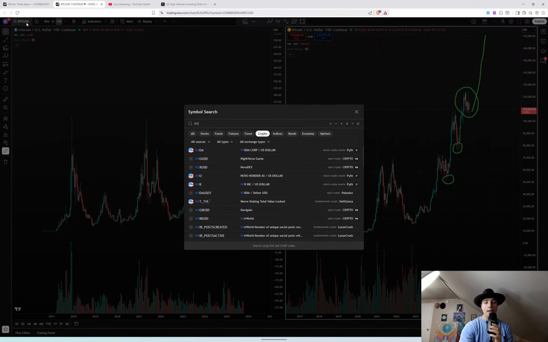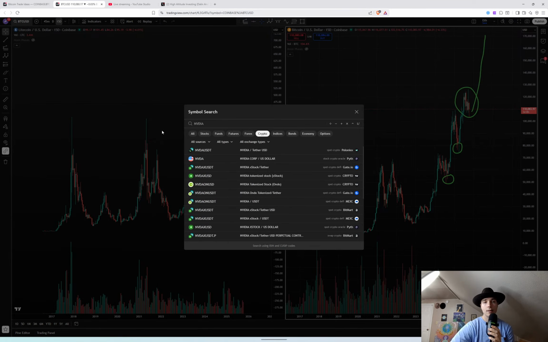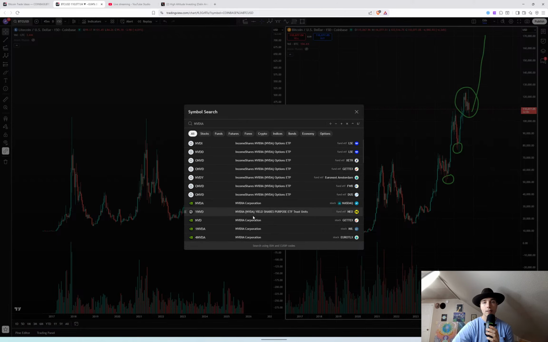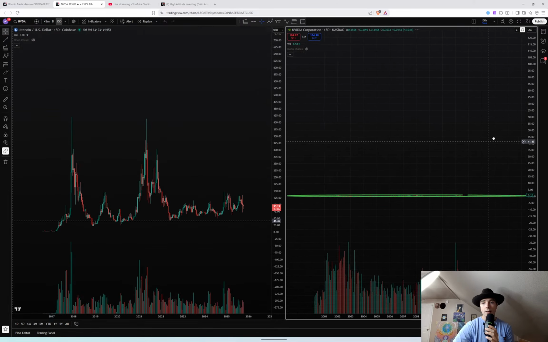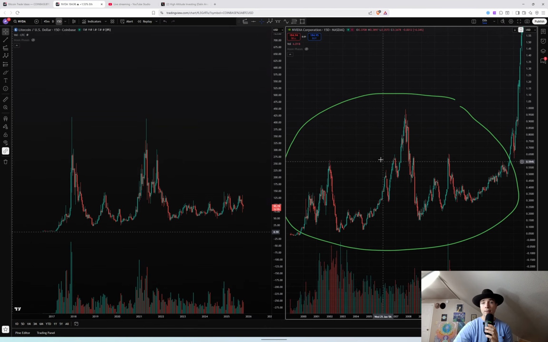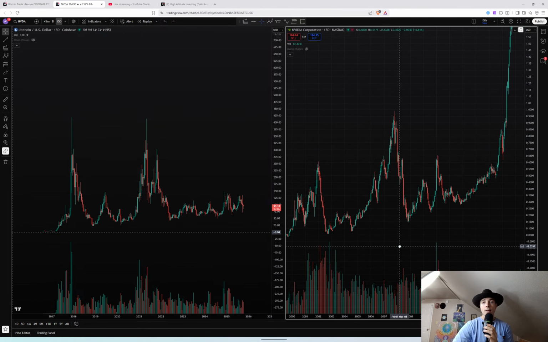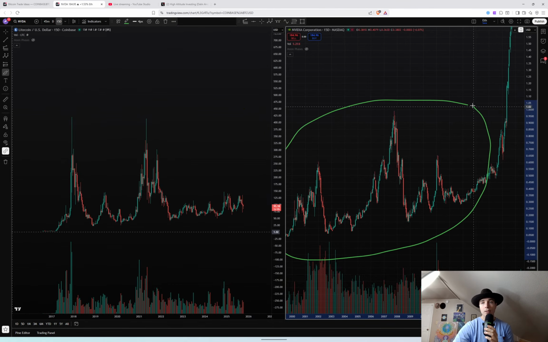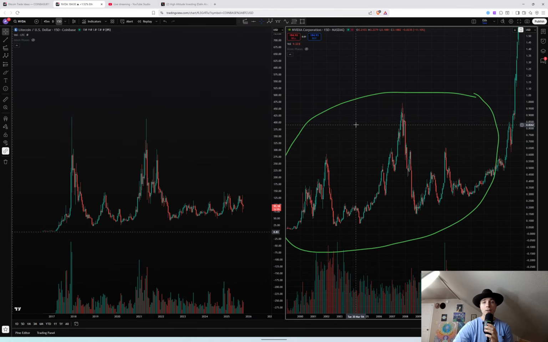Let's look at NVIDIA here. If you look at NVIDIA when it did the same thing Litecoin's doing right now, all this time right here was like NVIDIA getting shaken up in a soda can. It was held down, compressed, held back, whatever you want to call it.